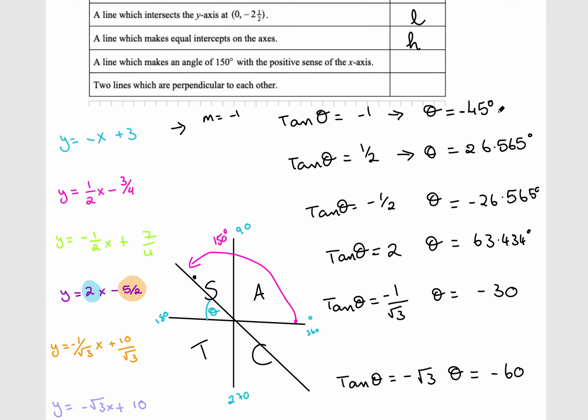And if you look at what we have, the one that will give us 180 and that angle, which is minus 30, will give us 150. So it's this answer here.